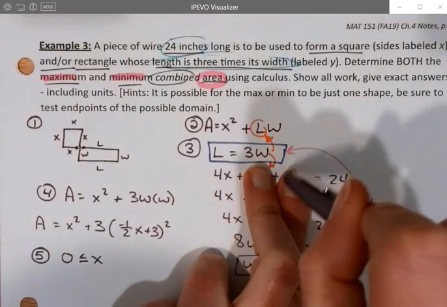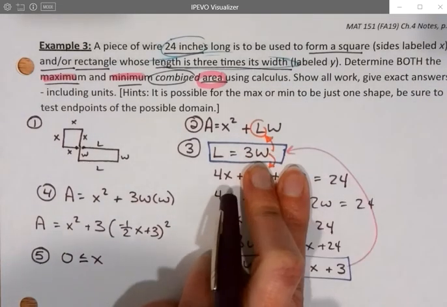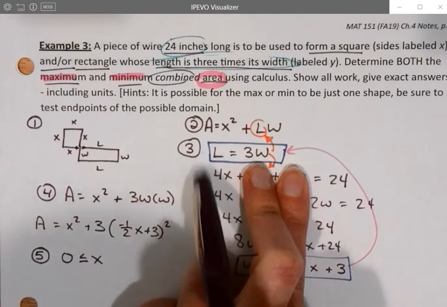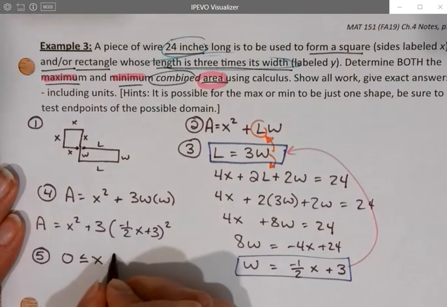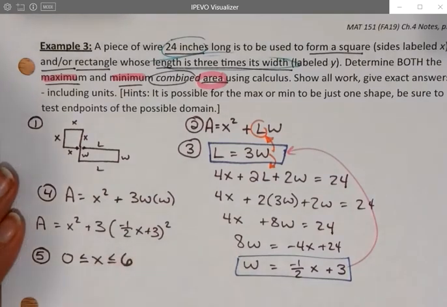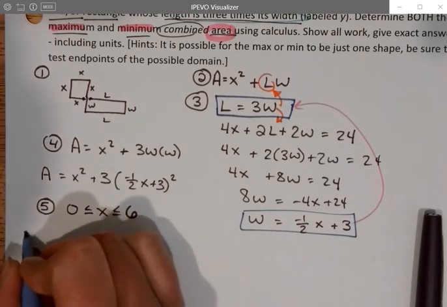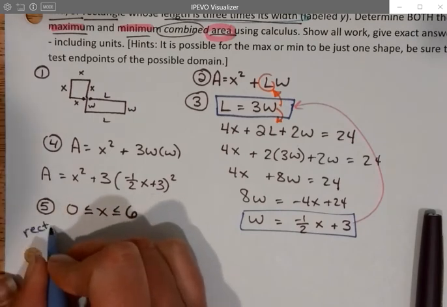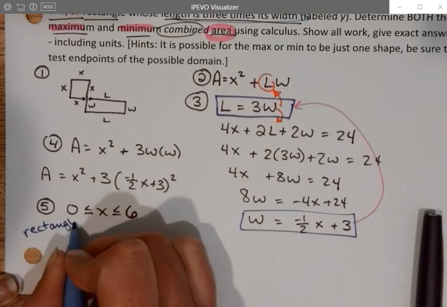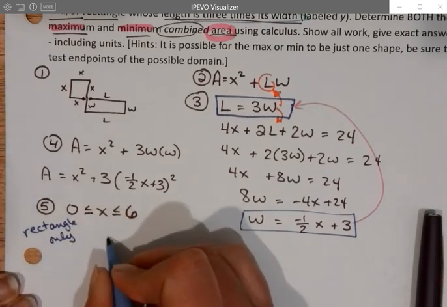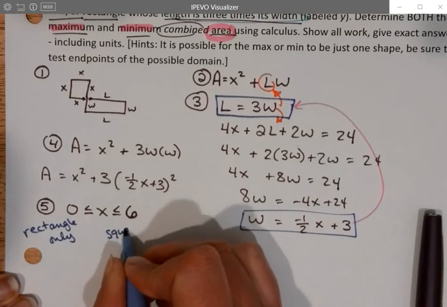And if there's no rectangle, then that 4x is the entirety of the 24 inches. And so x, if you divide by 4, is going to have a maximum of 6. Okay. So just as a note on this, the x equals 0 is if we're rectangle only. And the x equals 6 is if we are square only.